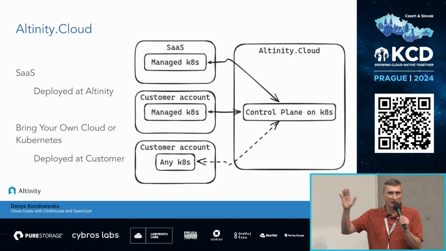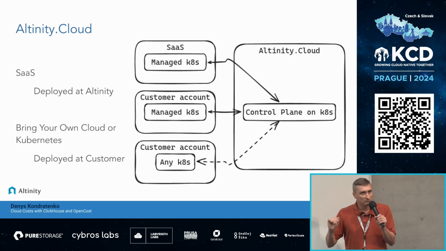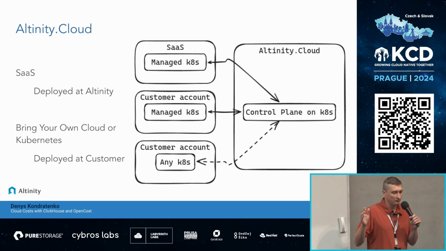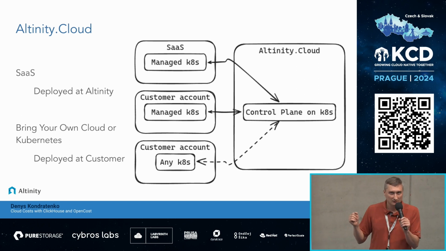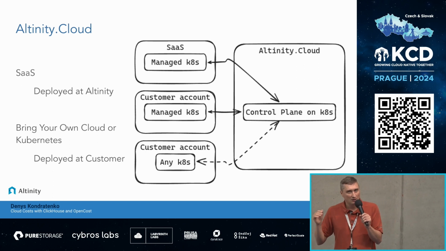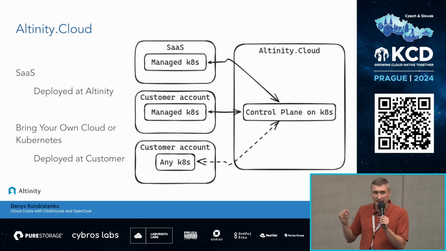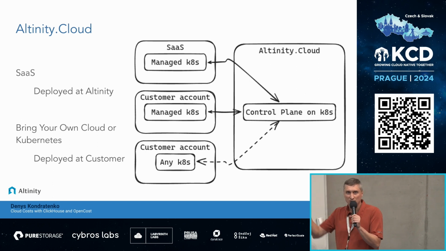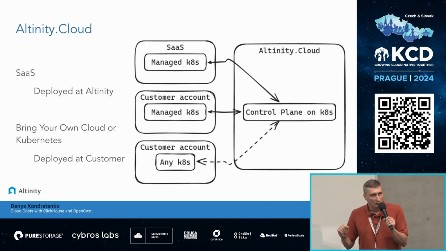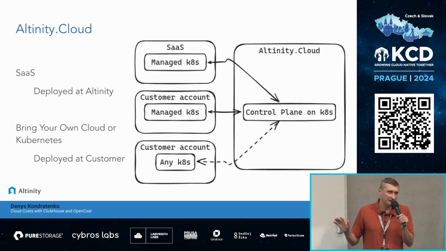So either under our account or under customer account. That's, for example, you give us either permissions, like for project in GCP, or some access rules in AWS, and we provision resources under your account. Or you just connect any Kubernetes you want to us.